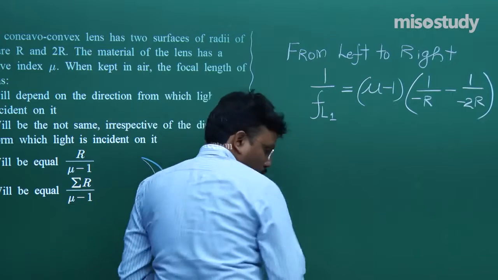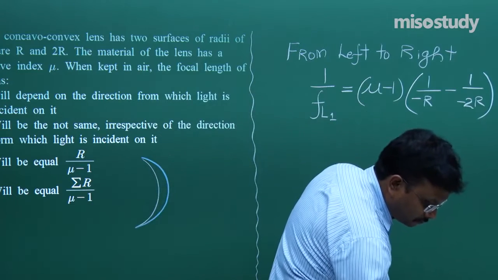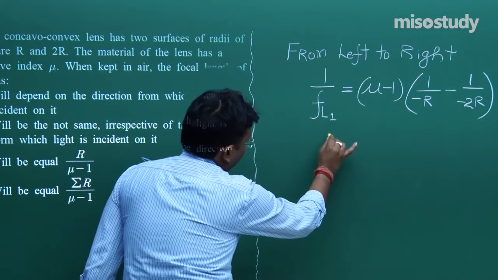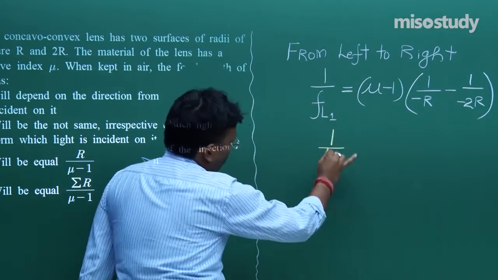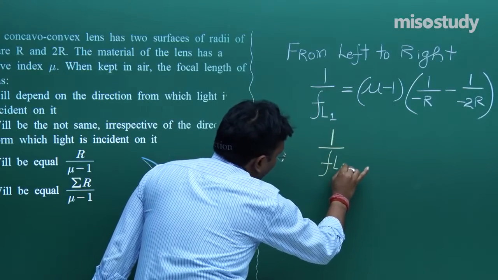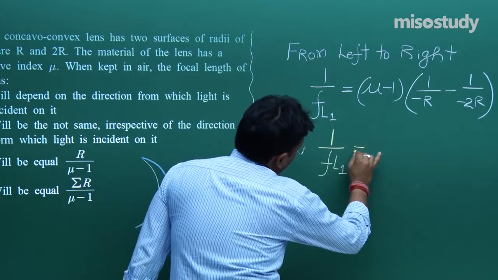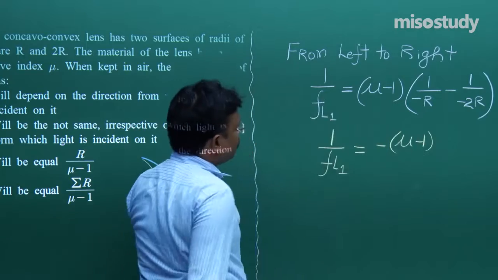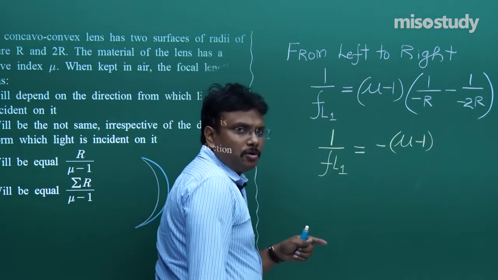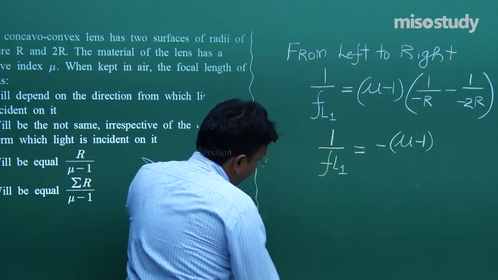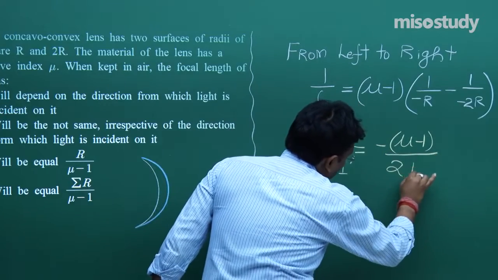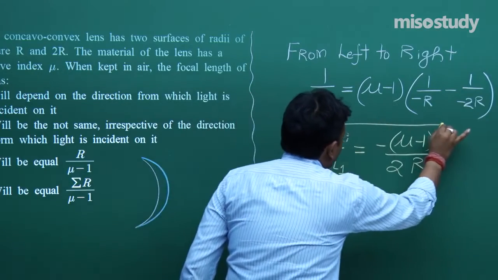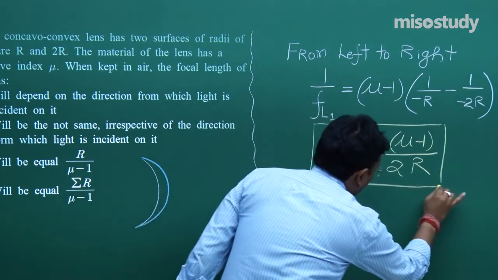Ultimately, let us use this different color chalk to show you 1 upon fL1 is equal to minus (mu minus 1) upon 2R. Using the same color is sometimes going to be monotonous. That is why it is better to use different colors. Okay, so let us close this relation in a yellow box.